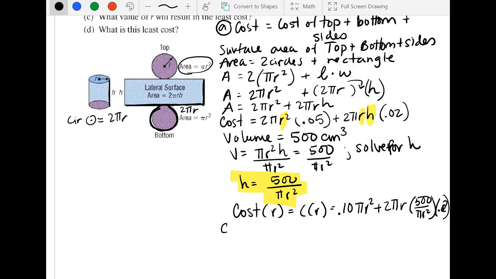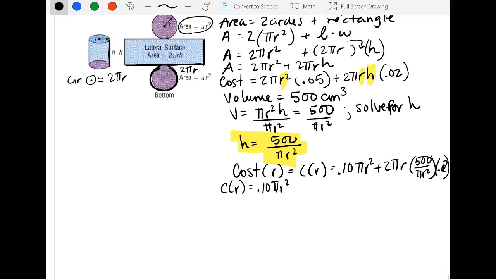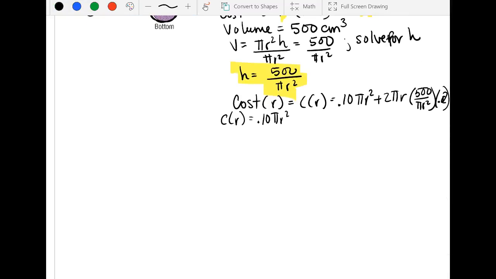So now let's write cost in terms of r is 0.10 pi r squared. Let's move it up a little bit so we can see. I'm going to simplify carefully. Here we go. Pi with pi, and an r here, and there's an r squared, so I have one r left, and I'm just going to multiply out 0.02 times 2 and then times 500.